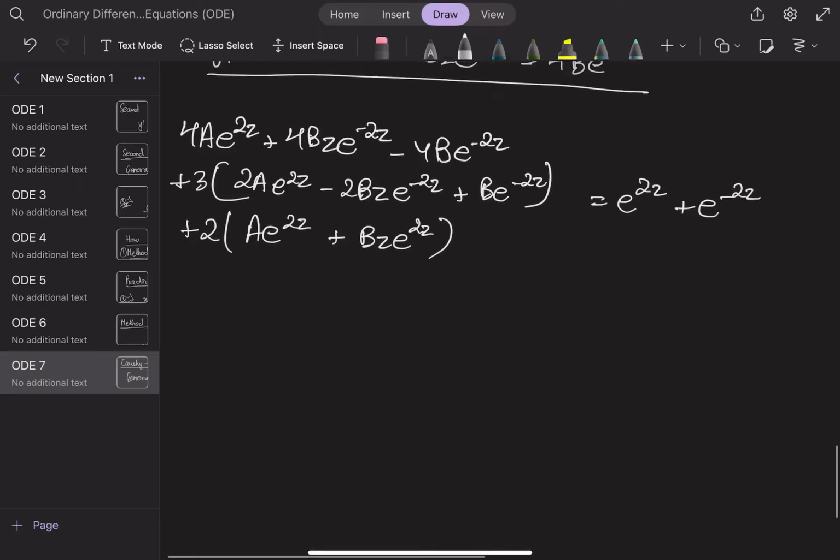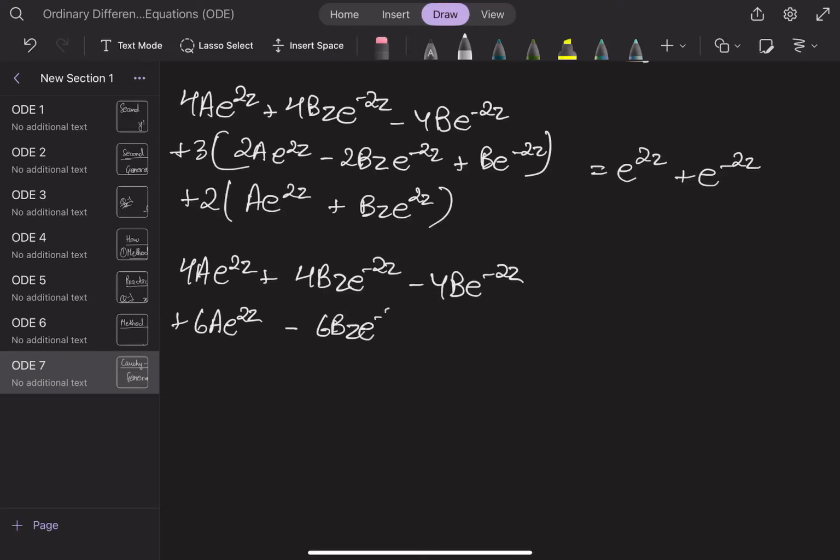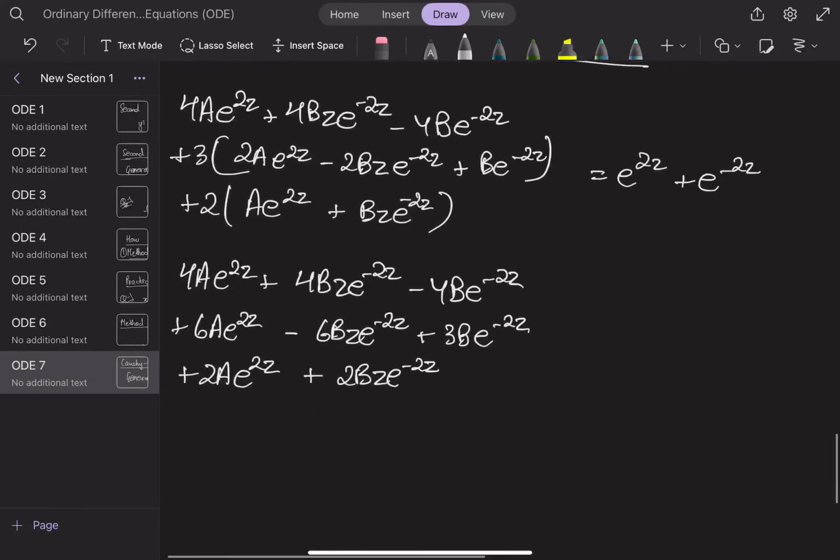So now let's simplify this. 4A e raised to 2z plus 4B z e raised to minus 2z minus 4B e raised to minus 2z plus 6A e raised to 2z minus 6B z e raised to minus 2z plus 3B e raised to minus 2z plus 2A e raised to 2z plus 2B z e raised to minus 2z is equal to e raised to 2z plus e raised to minus 2z.